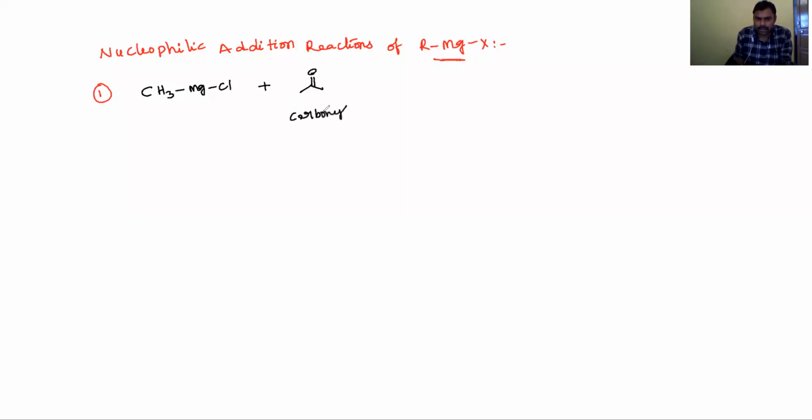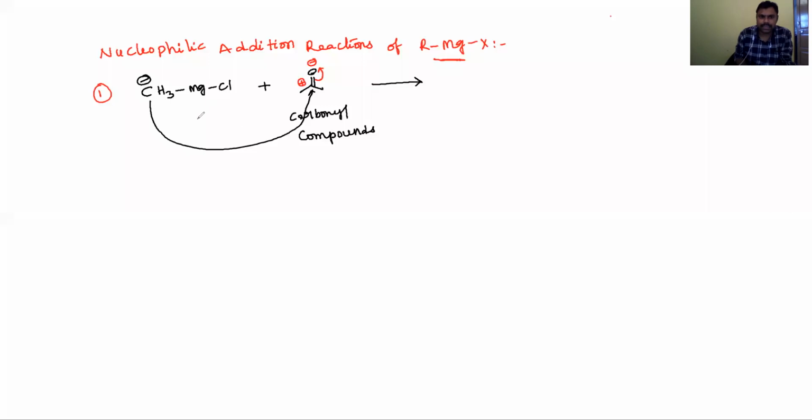Carbonyl compounds. Okay, students, first it involves a nucleophilic addition reaction. The nucleophile is CH3 minus. The CH3 minus will be added at the carbonyl group because the carbon-oxygen bond is polar: oxygen carries a negative charge and carbon gets a positive charge.